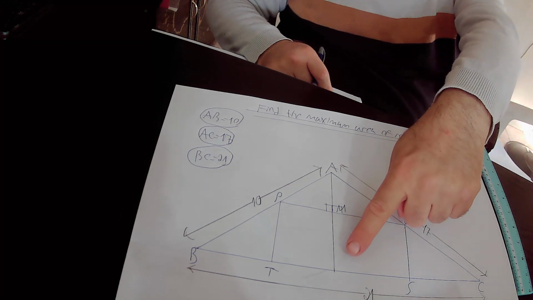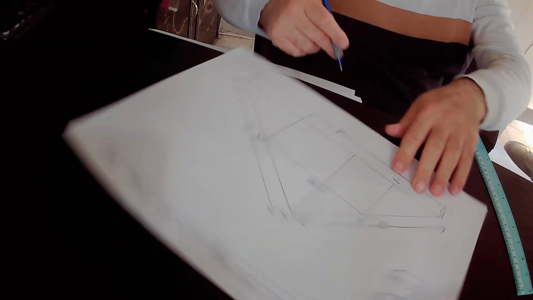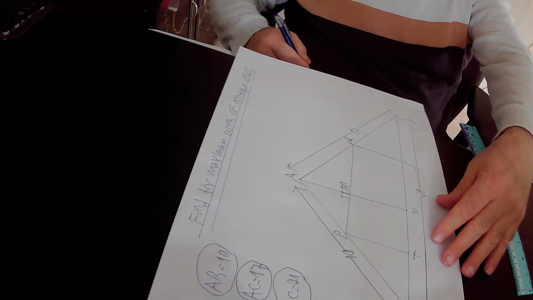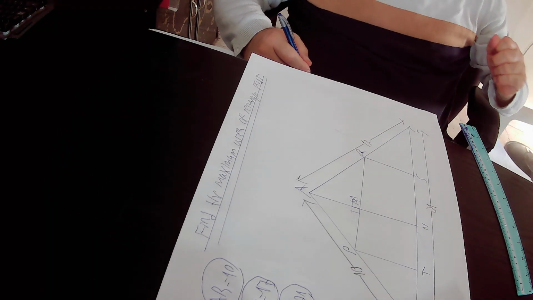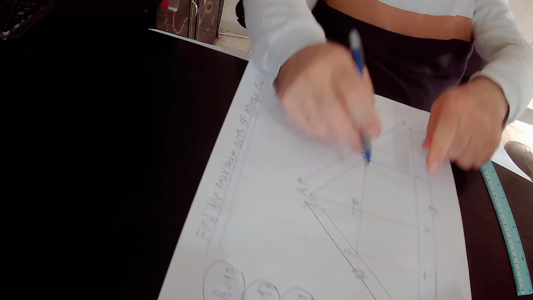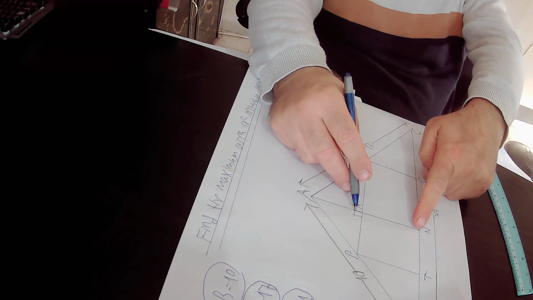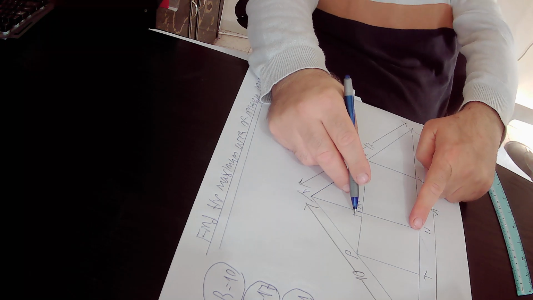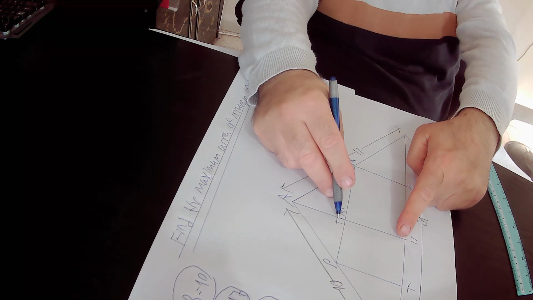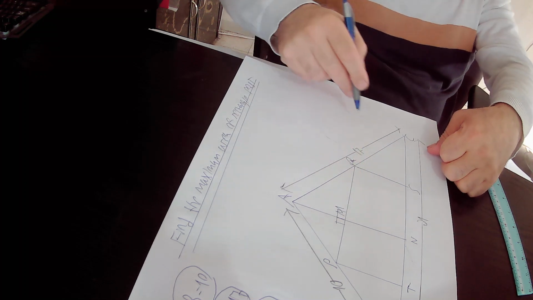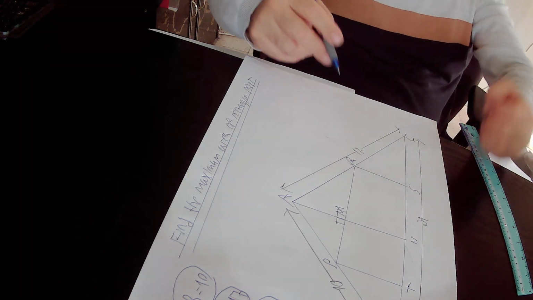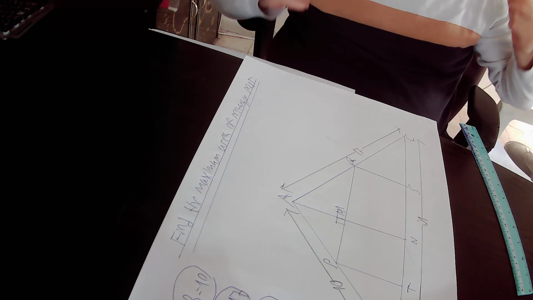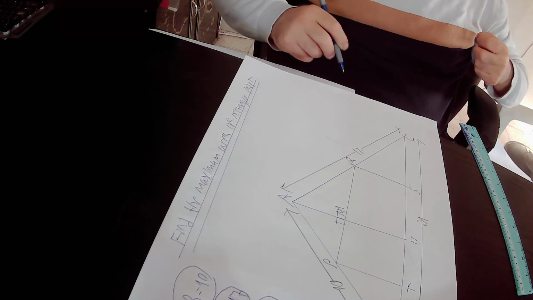This point is point N. By doing this construction, we created here those two angles. Those two angles are corresponding angles, and they are located between the parallel lines PQ and BC, and therefore they are equal to each other according to the rule that corresponding angles between parallel lines are equal to each other.